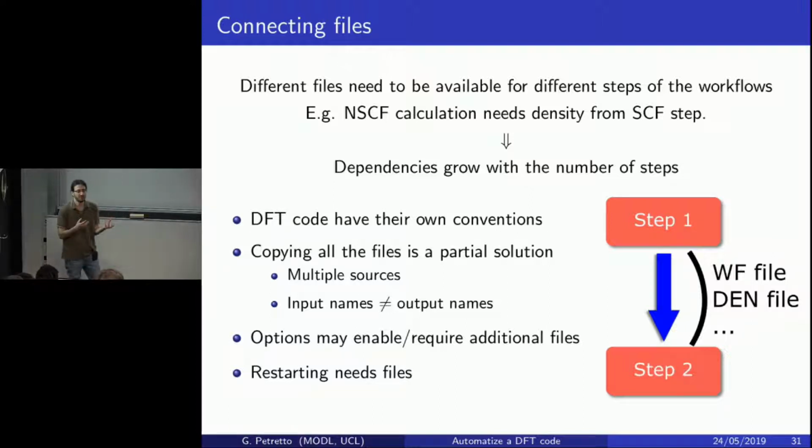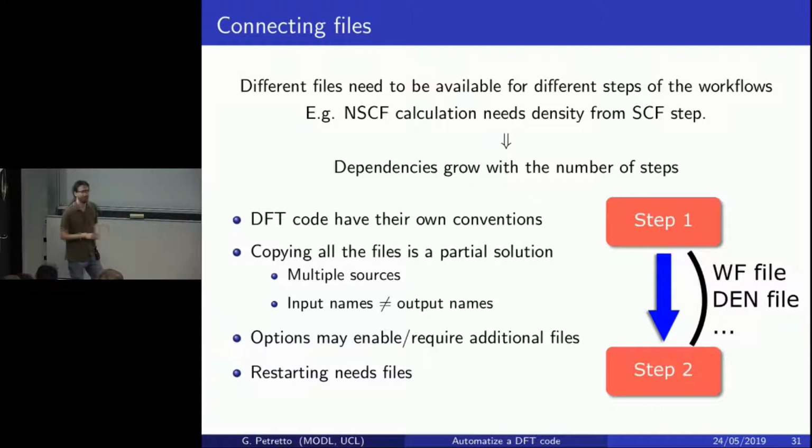So for example, in Abinit, if you need for a non-self-consistent calculation the density from the previous step, it's not like, I don't know, VASP, where you can copy the file. No, unfortunately not. You have to adapt the convention from the output of the previous step to the input, and you cannot just use the same naming of the files.